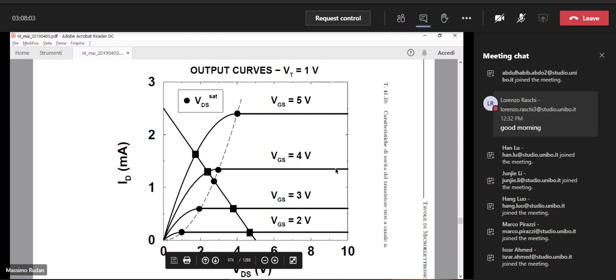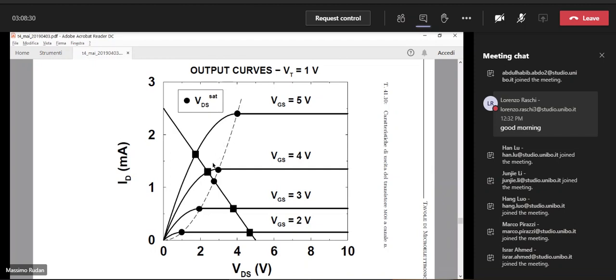If you take any value of VGS, for instance, 4 volts, you have the linear region up to the saturation point, and then you have a constant current in the saturation region.